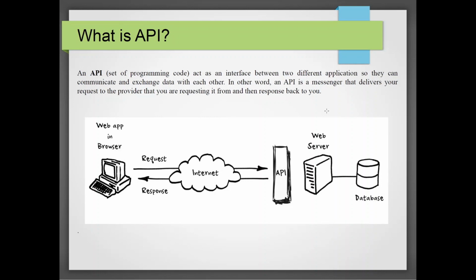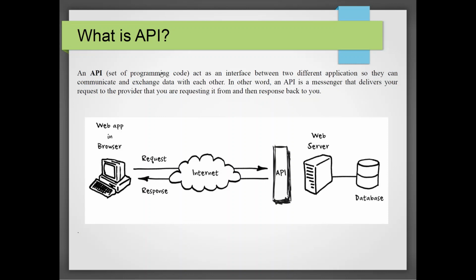First, API stands for Application Programming Interface, which acts as an interface between two different applications so that they can communicate and exchange data with each other. In other words, you can say that API is a messenger that delivers your request to the provider that you are requesting it from and then responds back to you.